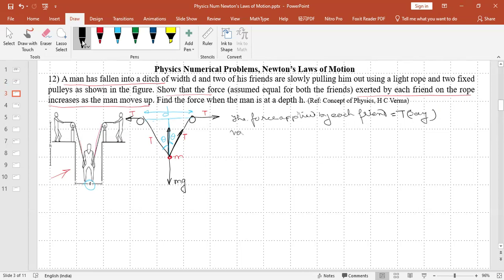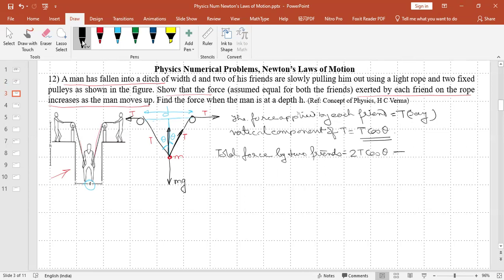So the vertical component of T is T cos theta. The total force by the two friends will be equal to mg.